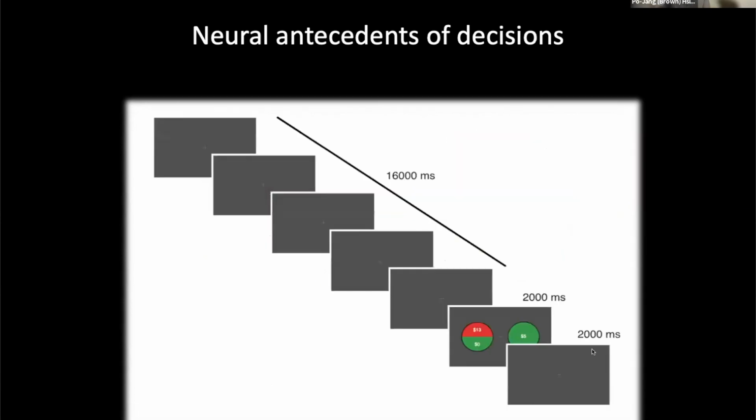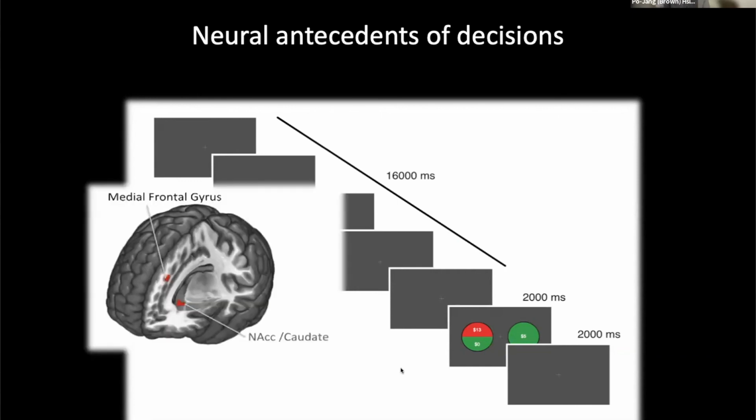And again, we have hundreds of trials like this, and the expected value is more or less the same. In each trial, the participant has to decide whether they are going to gamble or not. And once again, we collect their brain activation 16 seconds before the stimulus onset. And we discover that 4 to 6 seconds before, there are a few regions that already show a difference. There are basically 2 different kinds of pattern in these regions.